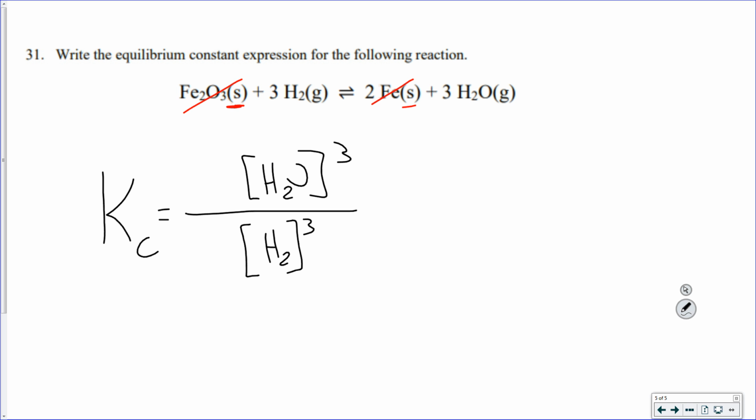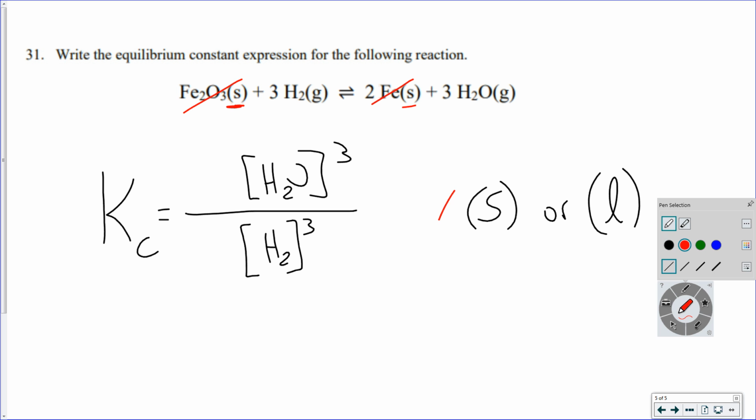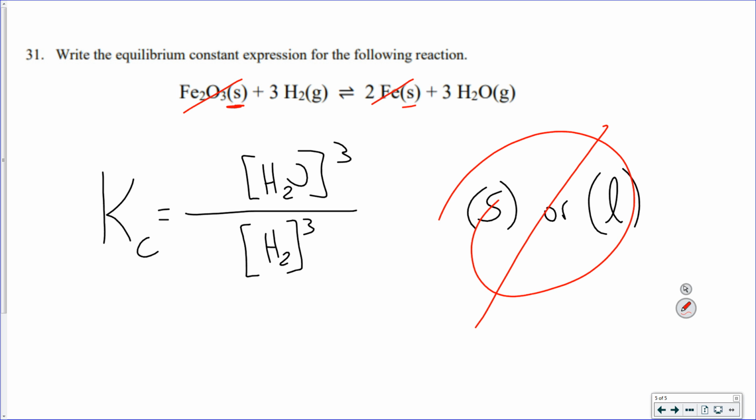The trick for that one: you've got to look at phases. If it's a solid or a pure liquid, that means that they don't appear in the K expression. So whenever you write it out, glance at those phases. If it's a solid or pure liquid, draw a line through it. Say again? Aqueous does. Aqueous does. Yes.